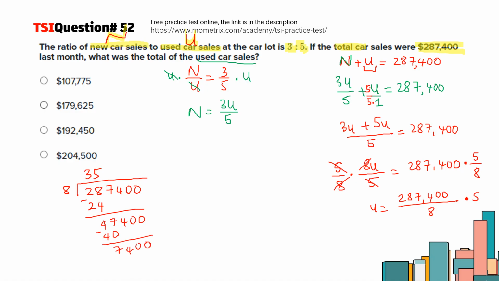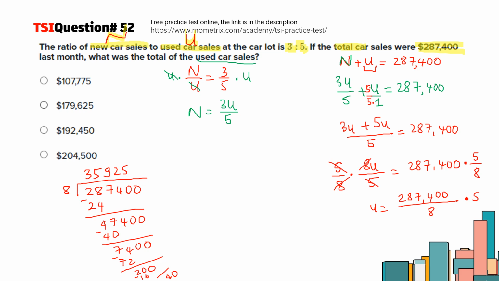Now 74 divided by 8, you get 9. 9 times 8 is 72. Subtract, you have 200. Now 20 divided by 8 is 2. You get 16. Subtract, then you will have 40 left. So 40 divided by 8 is 5.